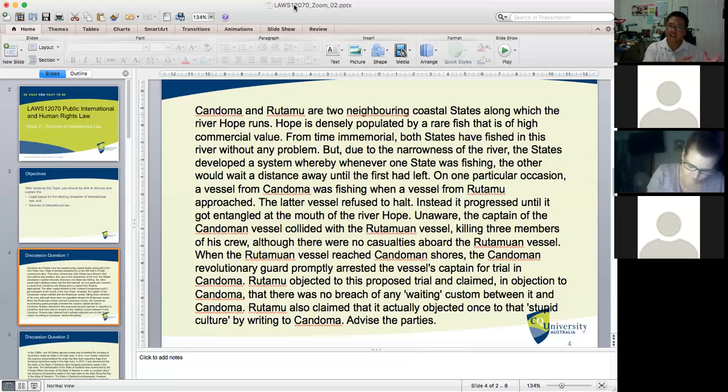So we've discussed the legal issue. We've discussed what the rule is. Now, applying the rules to the facts and going back to the legal issue, is there an international custom that obliges Kadoma and Rutamu for its vessels to wait at the mouth of the river if one of the fishing vessels of the other state is actually already inside the river?